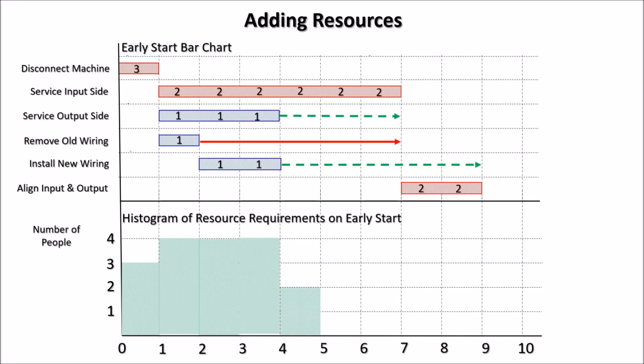So our histogram shows 2 people required there. And in fact, moving on to the end of the project, each of those time slots only requires 2 people. So there we have a histogram of the resource requirements or the number of people required in order to accomplish this project in 9 hours.